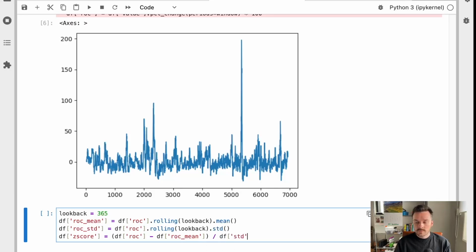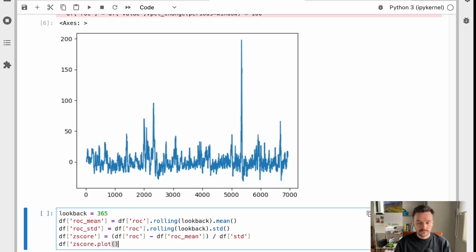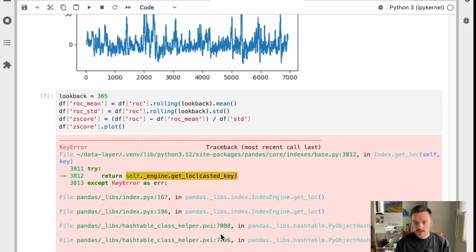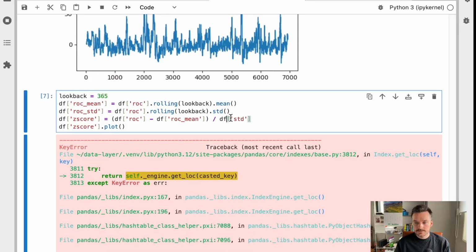And then, let's just graph this and see what it looks like. Yeah, okay.